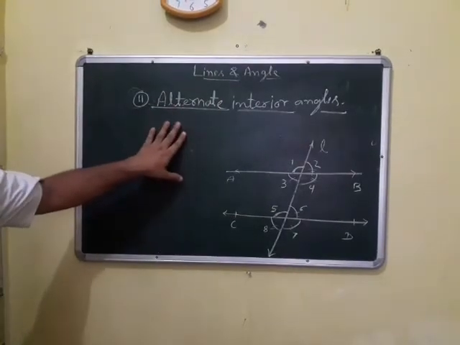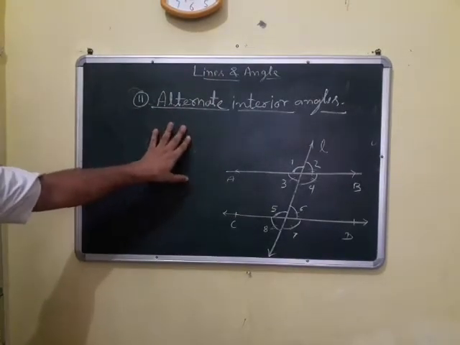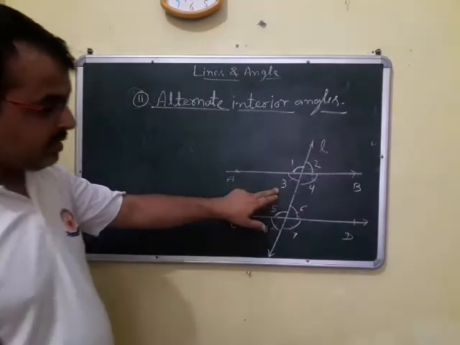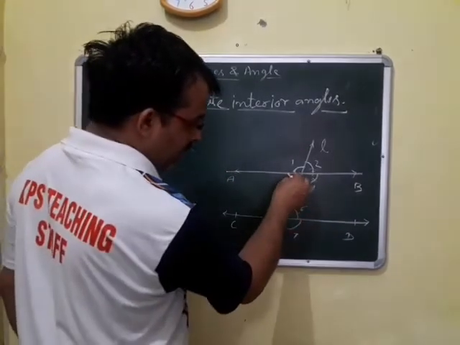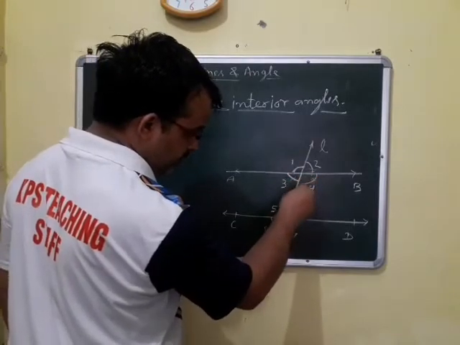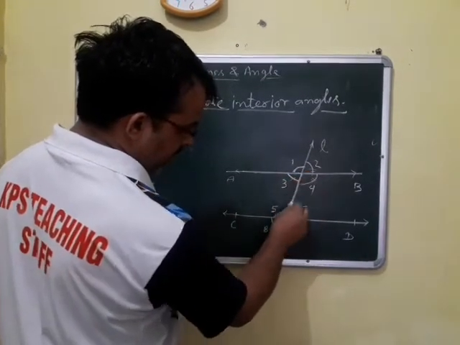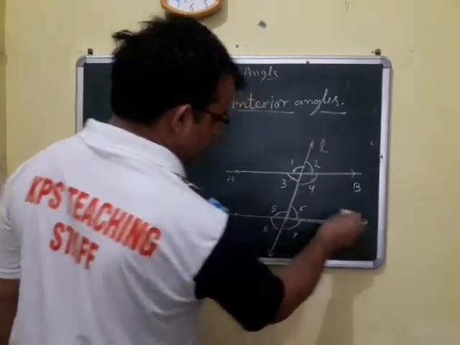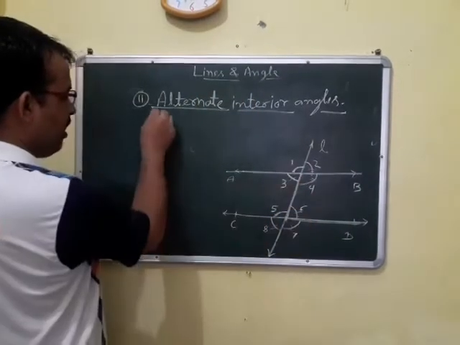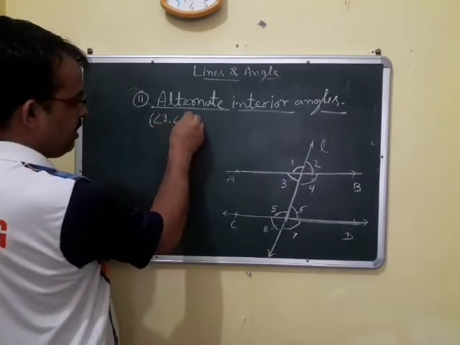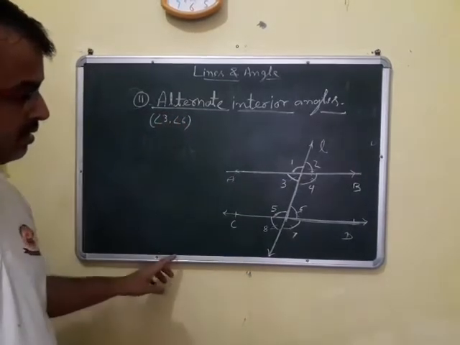Alternate interior angles. So look, alternate interior angles: angle 3, this one, and angle 6, this one and this. So angle 3, angle 6 are alternate interior angles.